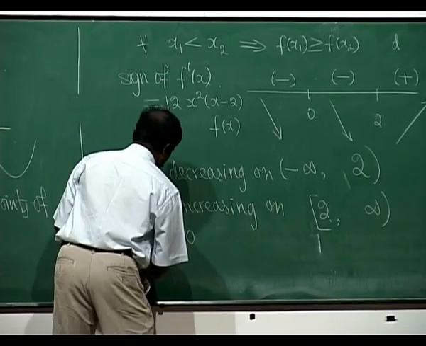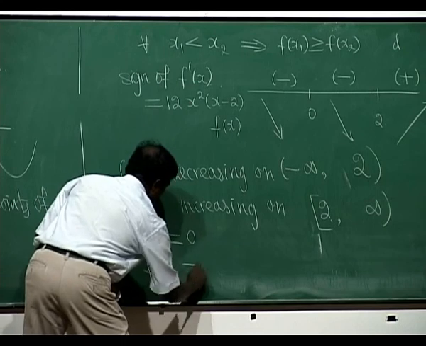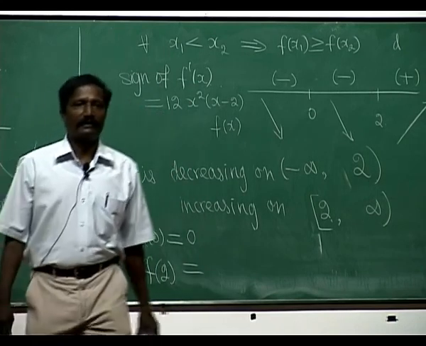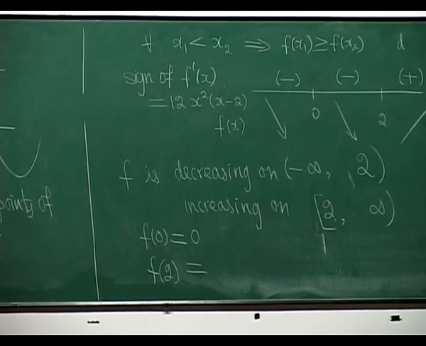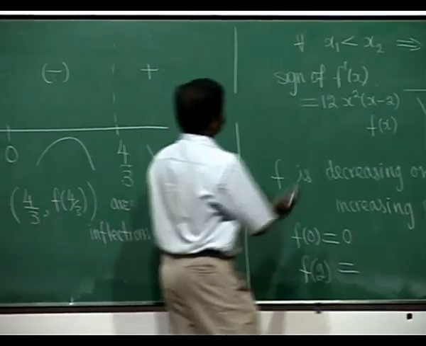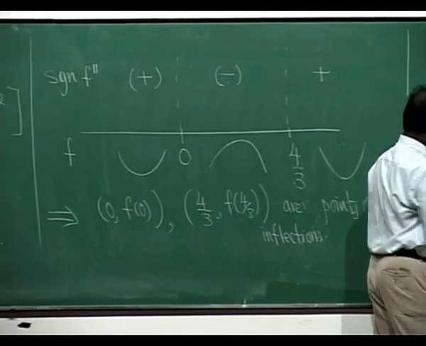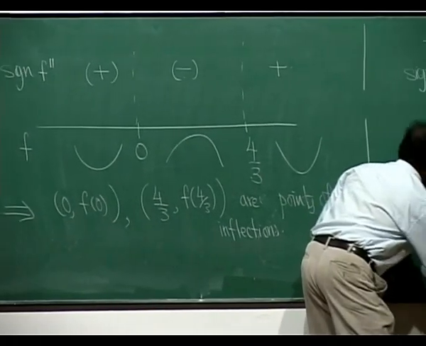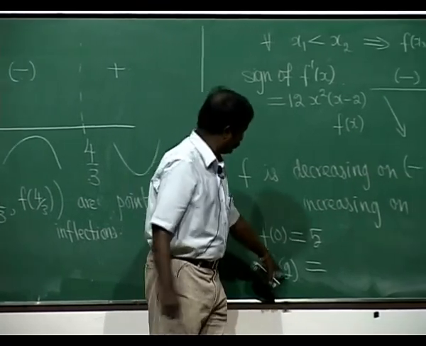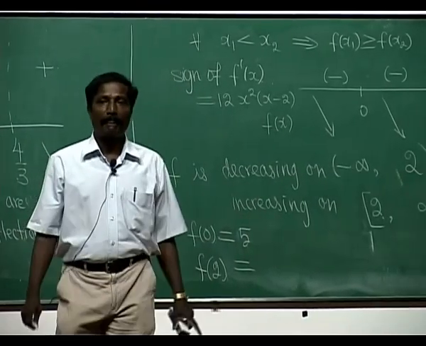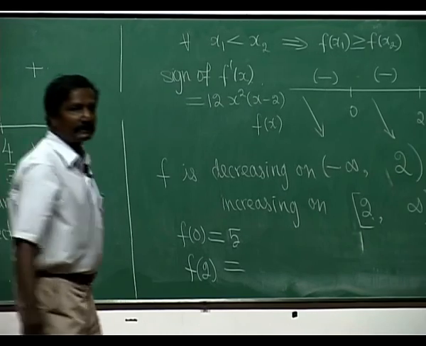So what is f of 2, please? At least we know the value of f of 0 is 5, but what is this? Minus 11.